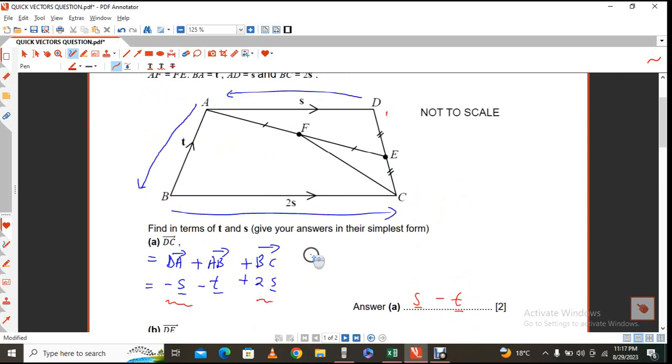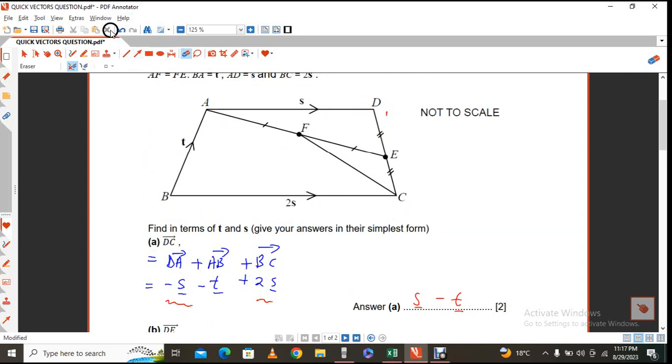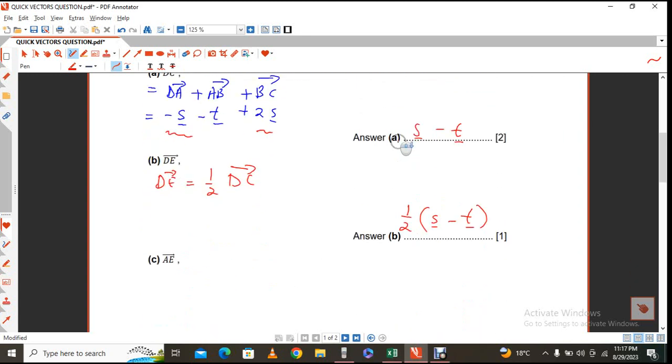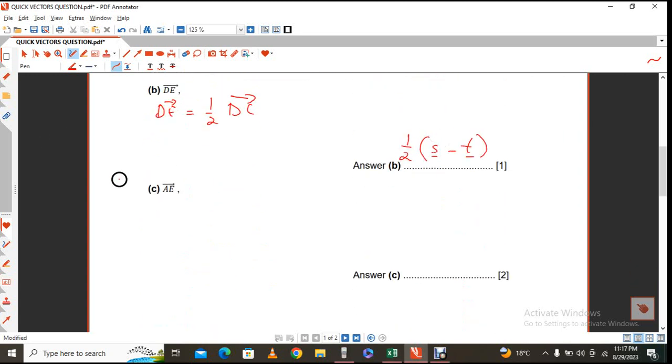Then they want us to find AE. So again, if you look at where AE is, and I'm just going to take away this blue that I have here, when you go from A to E, you're going along AD and also along DE. We already have DE from our previous answer, so it's AD plus DE.